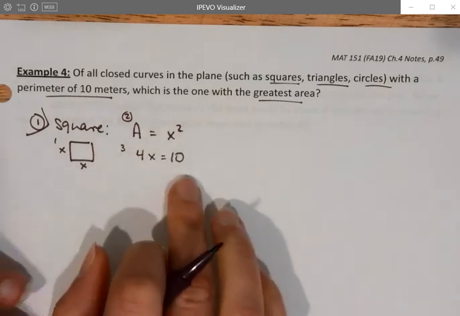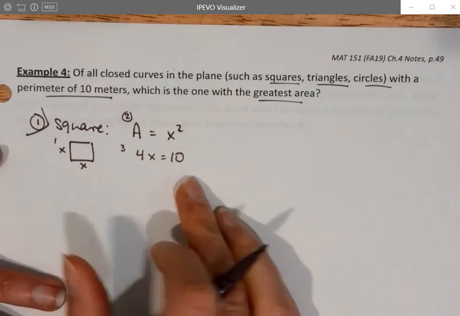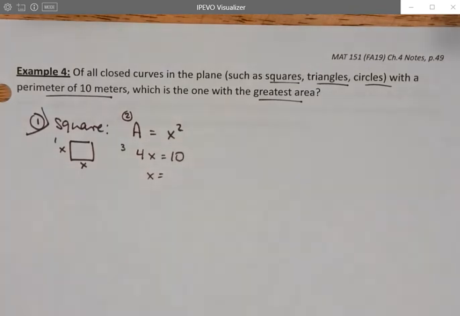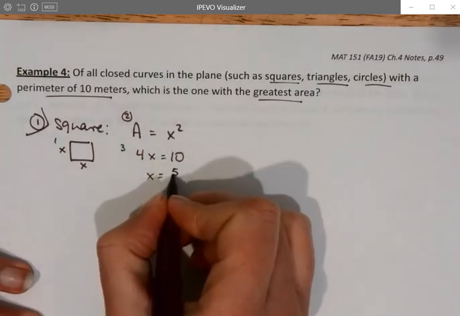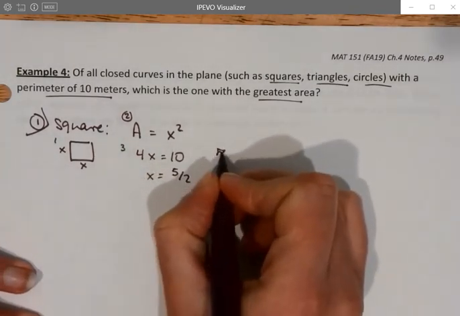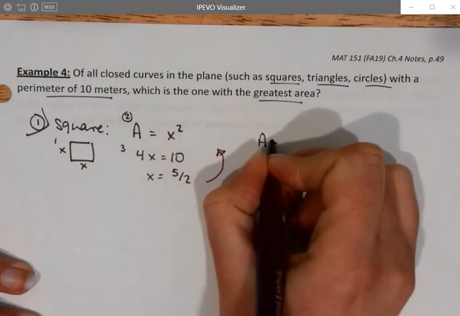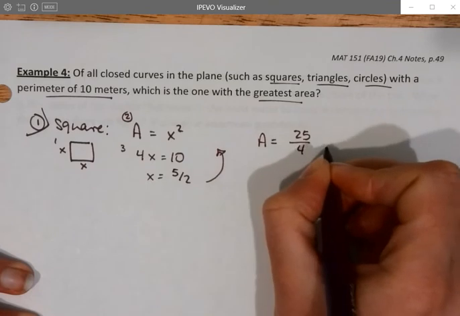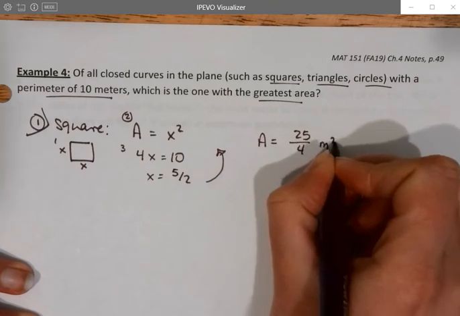Because there's only one variable here, there's only one possibility, so no differentiation is going to be required. So x is going to be equal to 5 halves, or 2.5, and I can plug that right into my area formula and get the area is 25 fourths square meters.